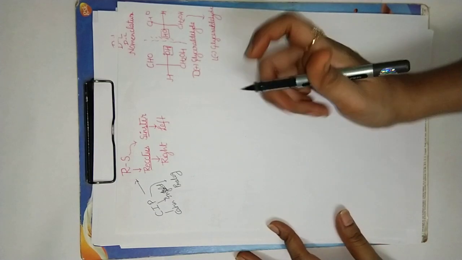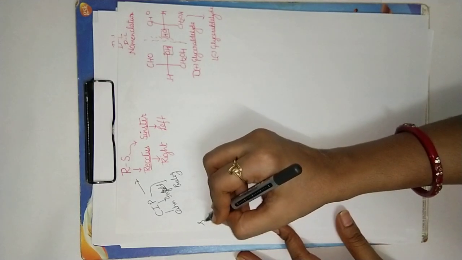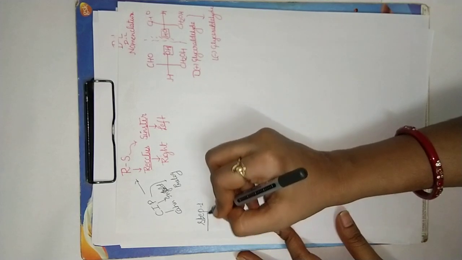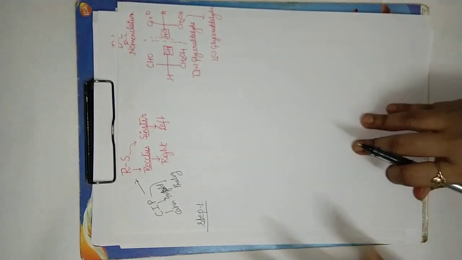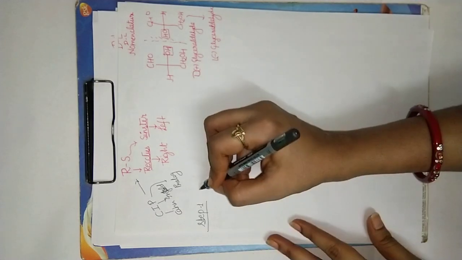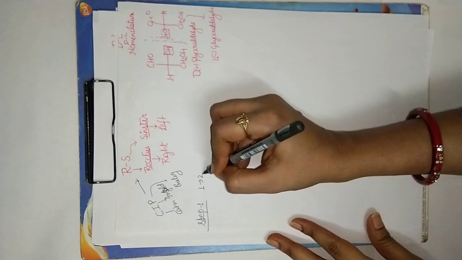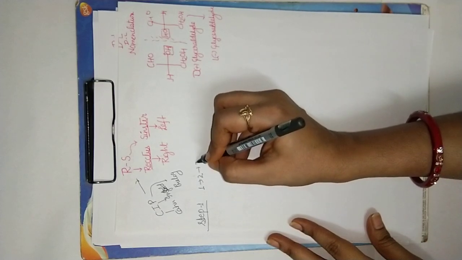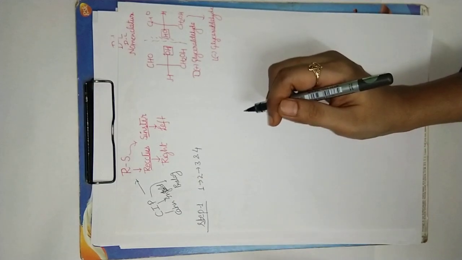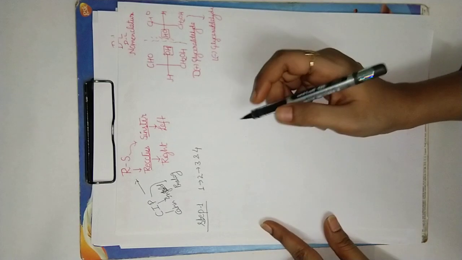Okay students, so let's discuss what is the first step. Step first: a priority number such as 1, 2, 3 and 4 is assigned to each of the 4 atoms or groups of atoms attached to the chiral carbon in accordance with the following sequence rule.